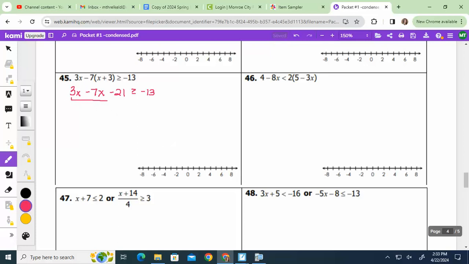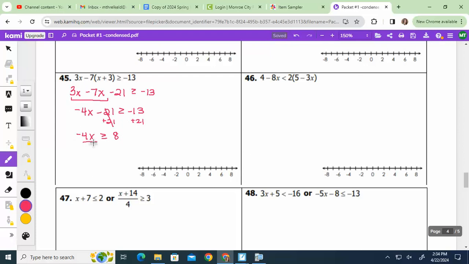Yep. So 3x minus 7x. We can add our 21. We have negative 4x is greater than or equal to negative 13 plus 21.